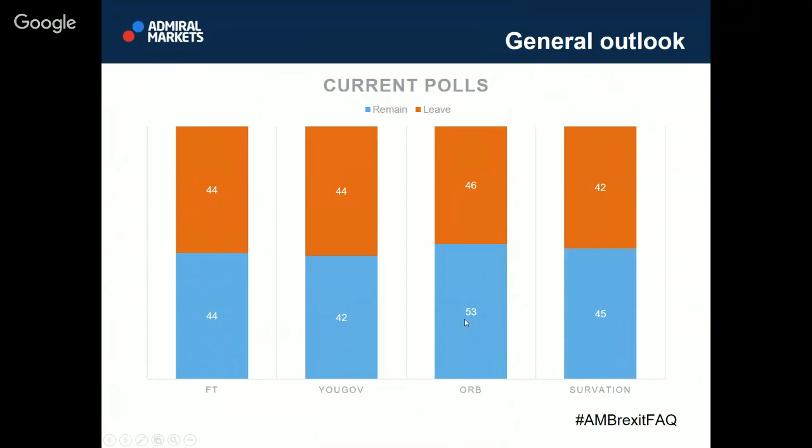For ORB, it's 53-47. For Survation, 45-42. My own analysis says 53-47 for the Remain scenario.